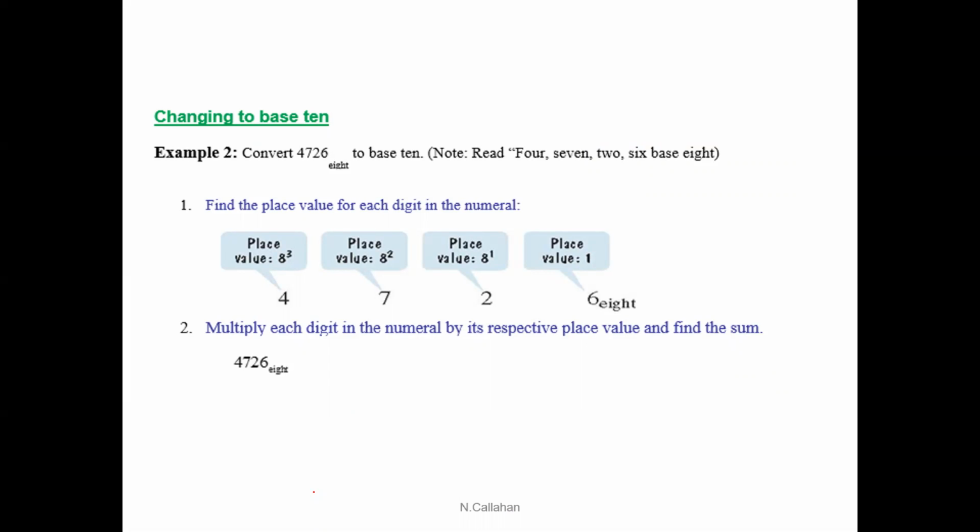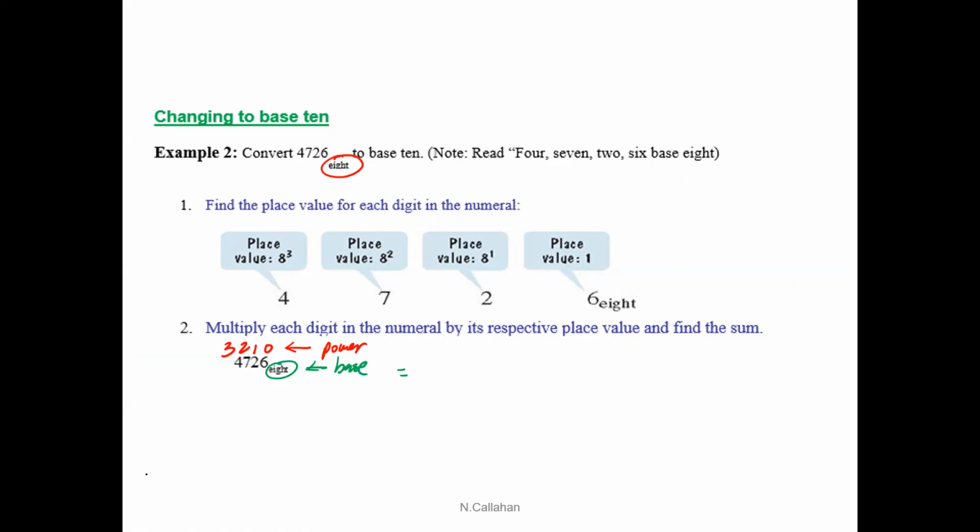Example 2 says convert 4,726 with a base of 8 to a base of 10. Looking at this, our base is 8, so we'll be multiplying with 8. Now, with a 6, 2, 7, 4, you go 0, 1, 2, 3. Those are going to be the powers, and the 8 is going to be the base.